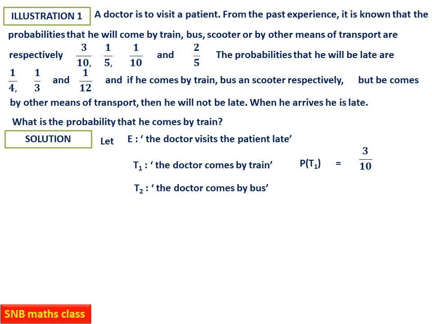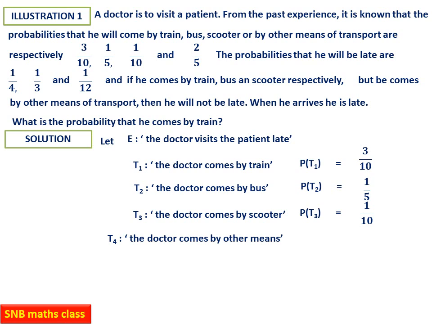Then T2, the doctor comes by bus, with probability 1 by 5. Then T3, the doctor comes by scooter, probability 1 by 10. Then T4, the doctor comes by other means, probability 2 by 5. So T1, T2, T3, T4 are the events, and E is the event: the doctor visits the patient late.